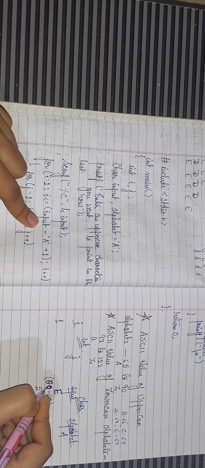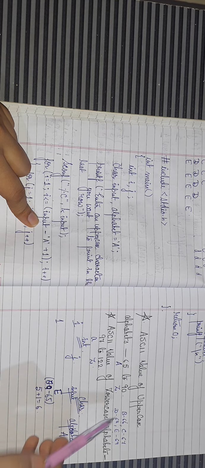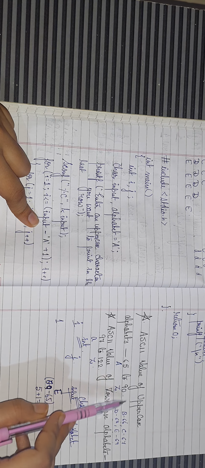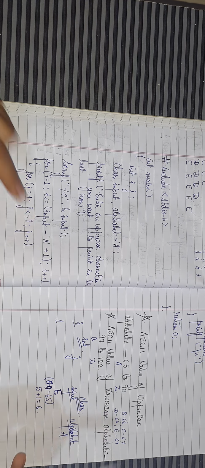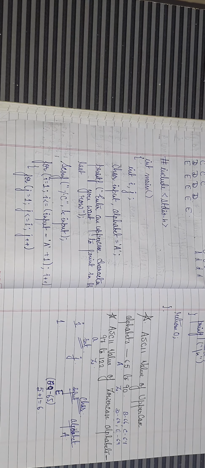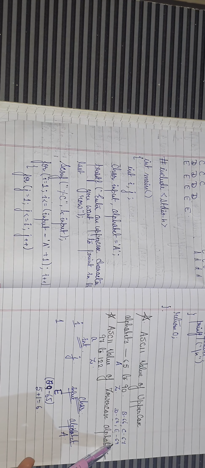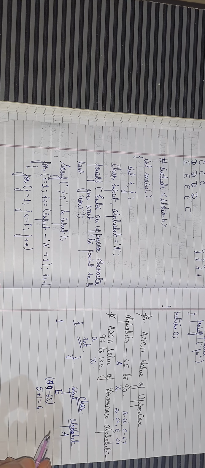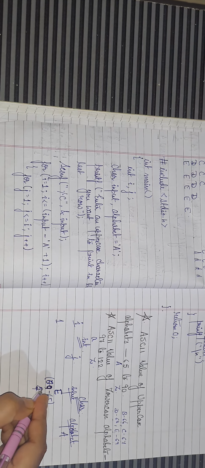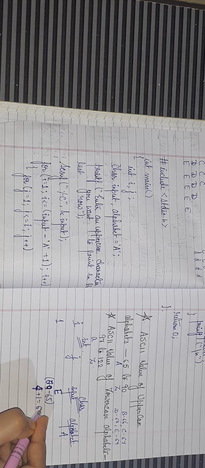Okay, sorry for the mistake. We increment the value by plus 1 for B, C, D, E like this, okay? So the E value is 69. So 69 minus 65 will be 4, and 4 plus 1 is 5, right?